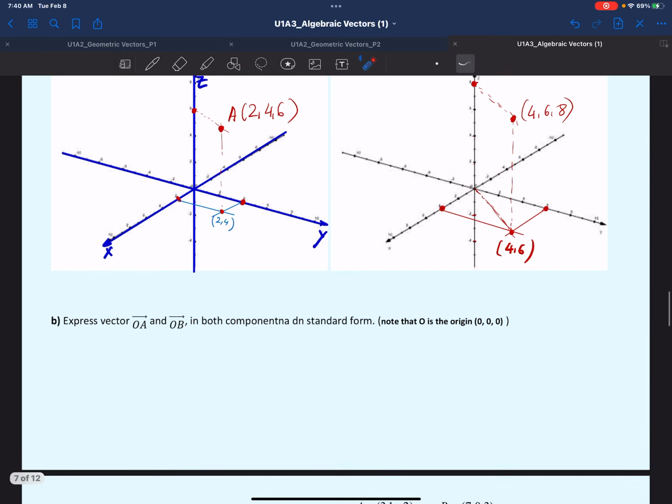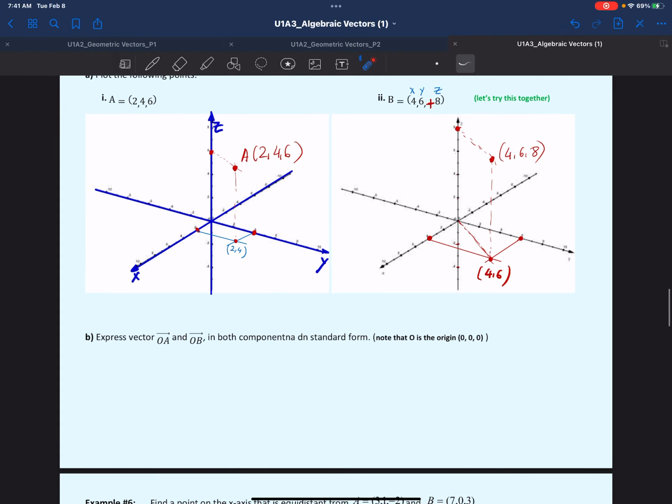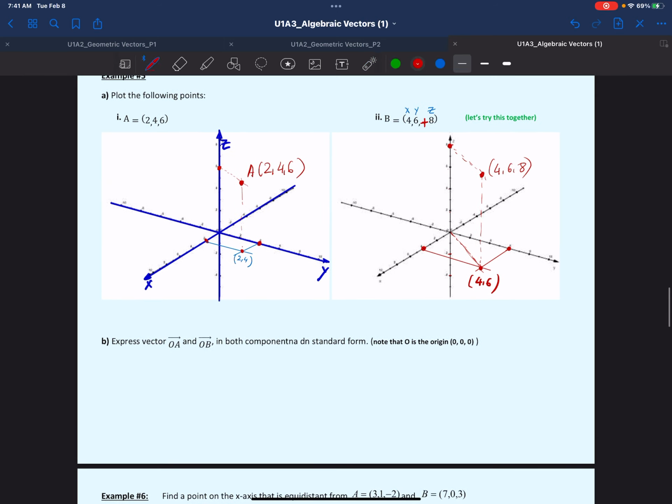And now we're going to express vectors OA and OB in both component and standard form. So the component form of vector OA will be defined by the coordinates 2, 4, and 6. Same idea with vector OB. So the coordinates will be 4, 6, and 8.